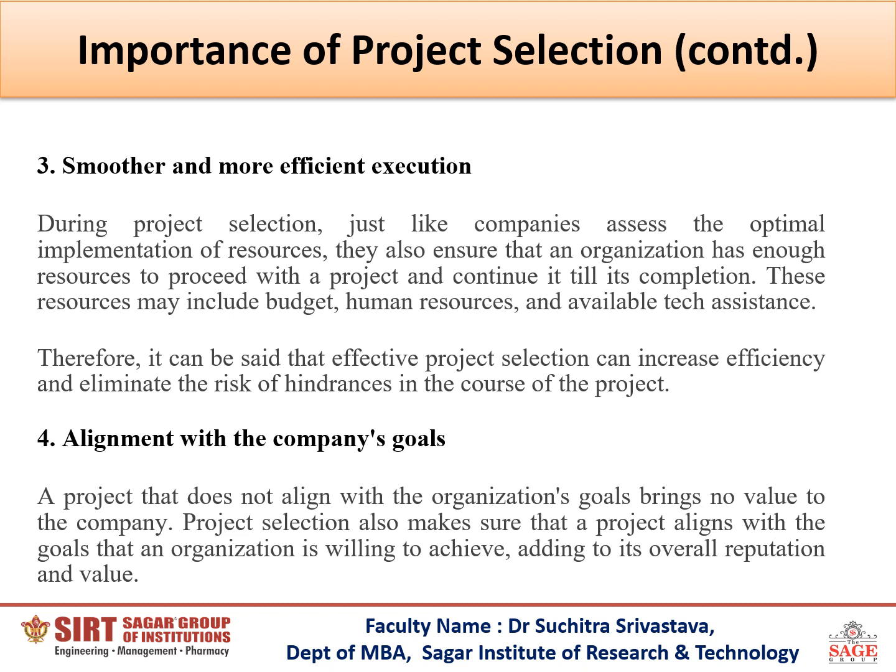Now coming to the fourth point, alignment with the company's goals. A project that does not align with the organization's goals brings no value to the company. Hence, project selection should make sure that a project aligns with the goals that an organization is willing to achieve and adds to its overall reputation and value.